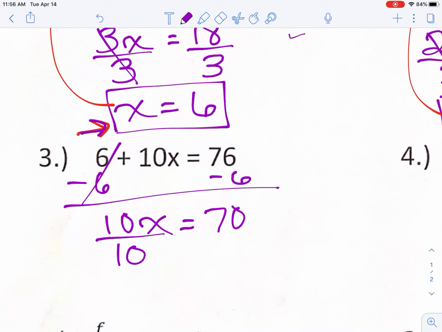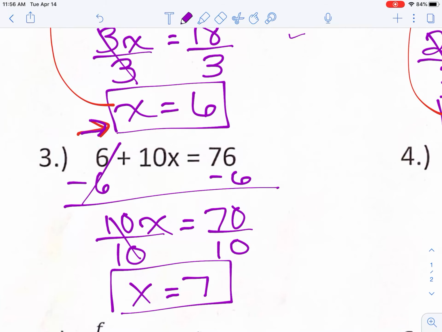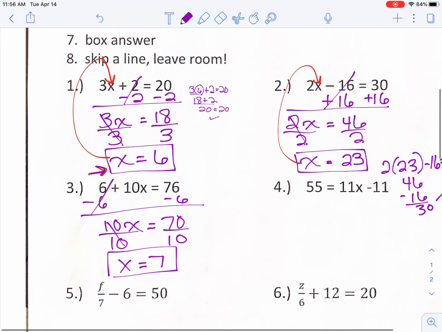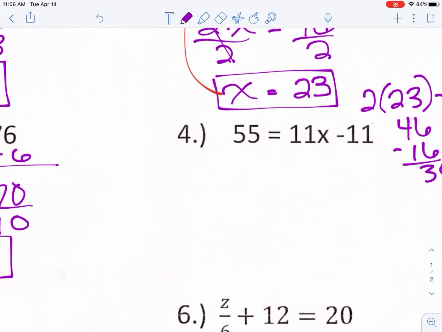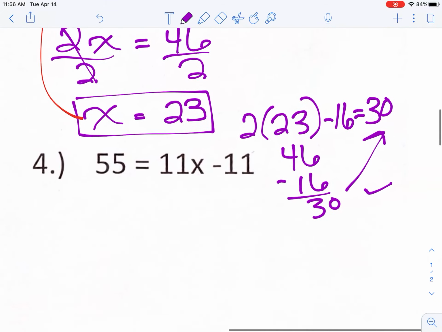And then we can undo multiplication with division. Divide both sides by 10. So x is 7. Then again, you can throw 7 back in for x to see if it makes sense. 10 times 7 is 70, and add that 6 to get 76.